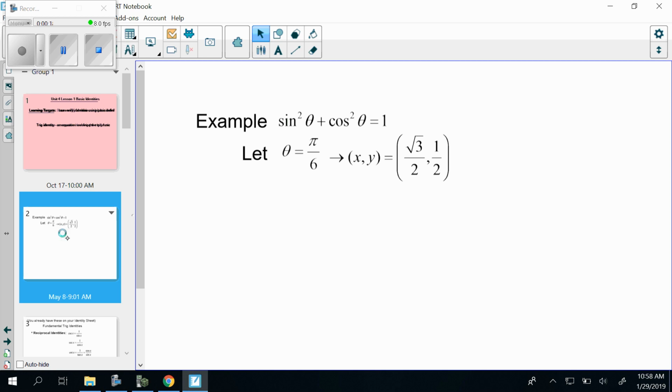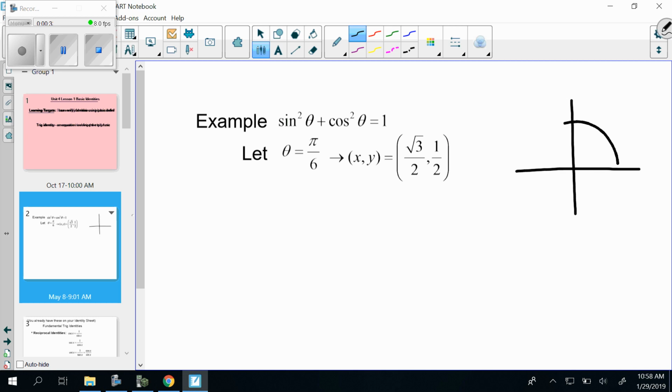The first one we're going to look at that you've seen a little bit before is the Pythagorean identity, meaning if you take the sine squared value plus the cosine squared value, it equals 1 from the unit circle, because we know on the unit circle the radius of any place here is 1, and you're going to get some x, y point here because you have an x value and a y value.